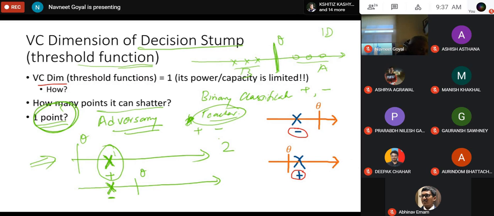That's what an adversary is. It will label the data in such a way that you are not able to find this theta.